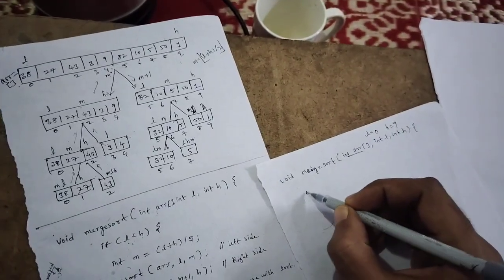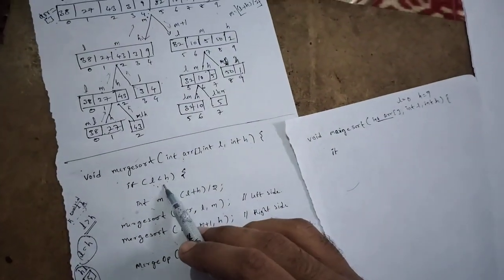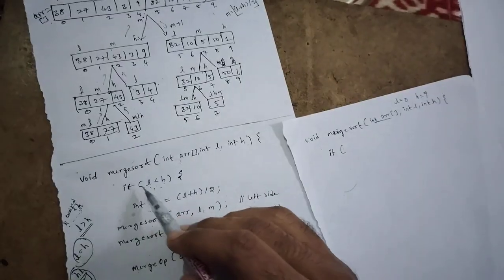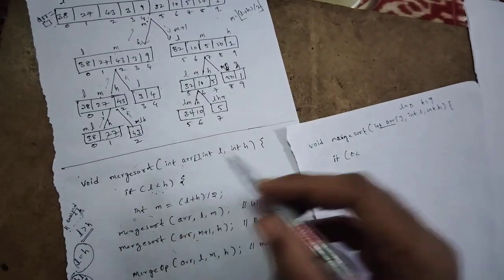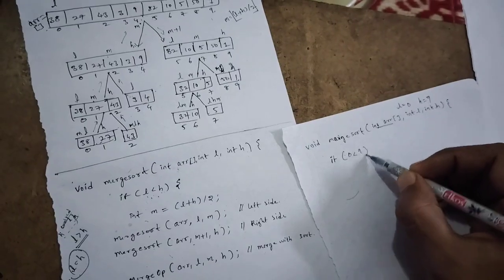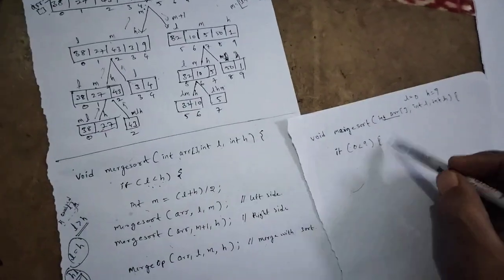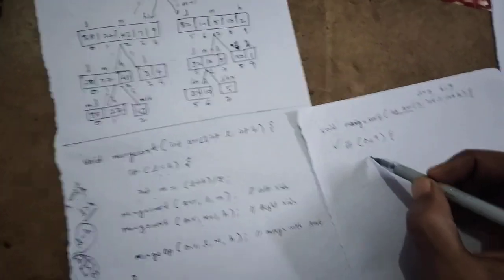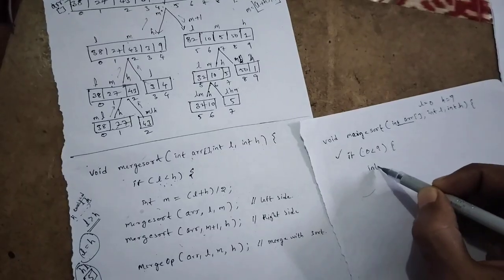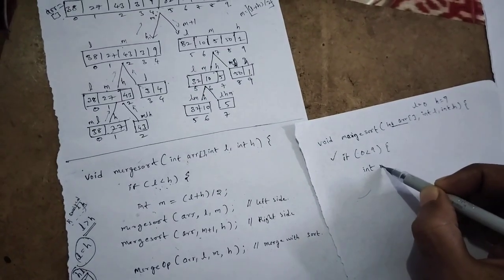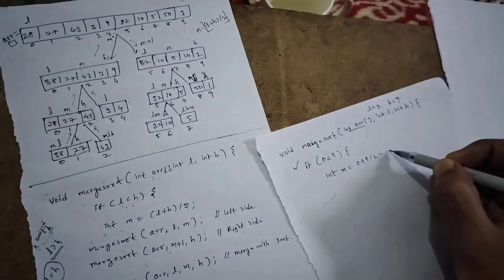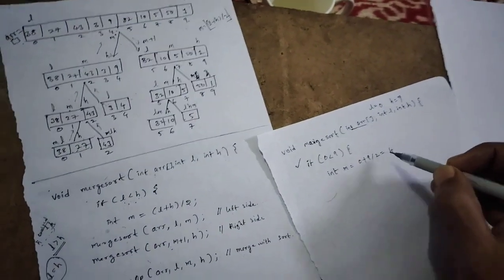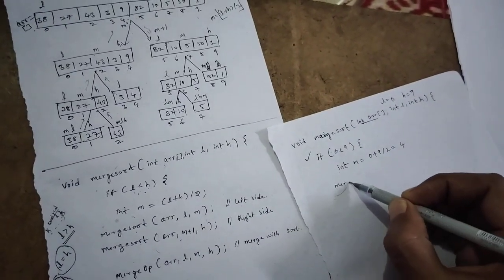So do it. Let's see, L is 0 and 0 is less than H, which is 9. It's true, so it will execute. int m equals 0 plus 9 by 2. We get 4, so mid equals 4.